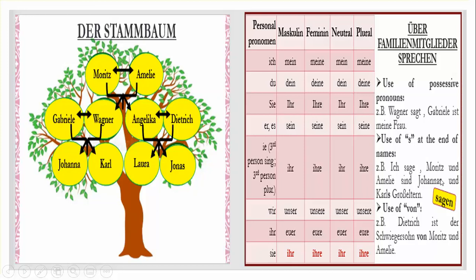The difference here is that I have not used a possessive pronoun, but I have put S at the end of the person's names whose relations I'm talking about. So in English, we put apostrophe S, but in German, we will just put an S after the name.